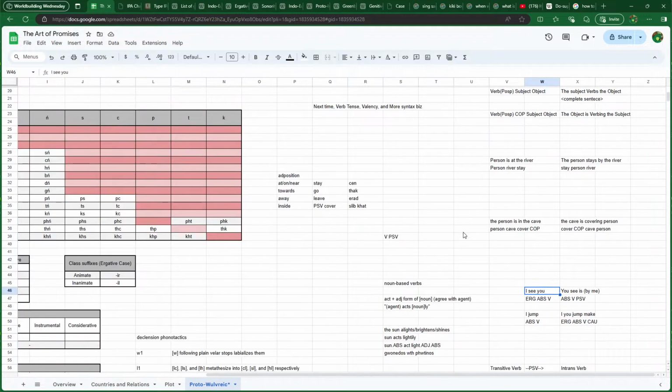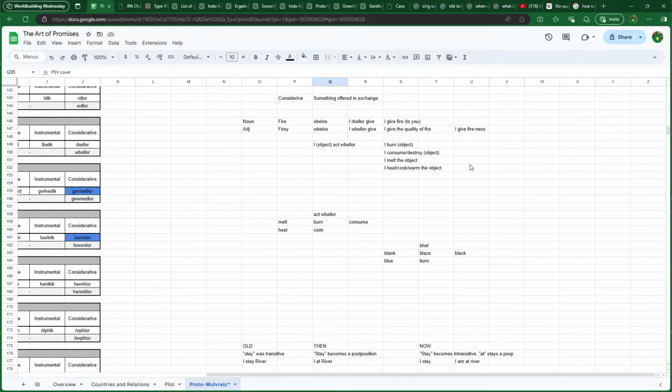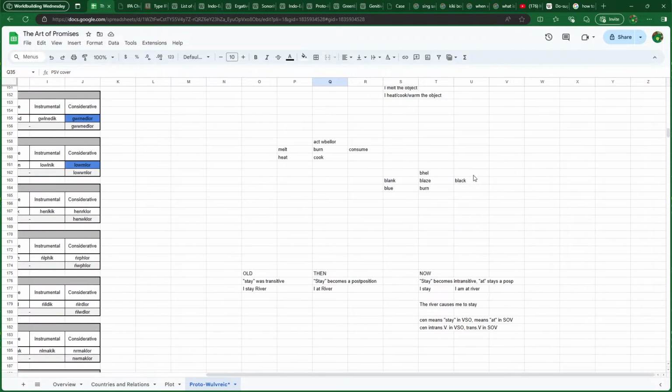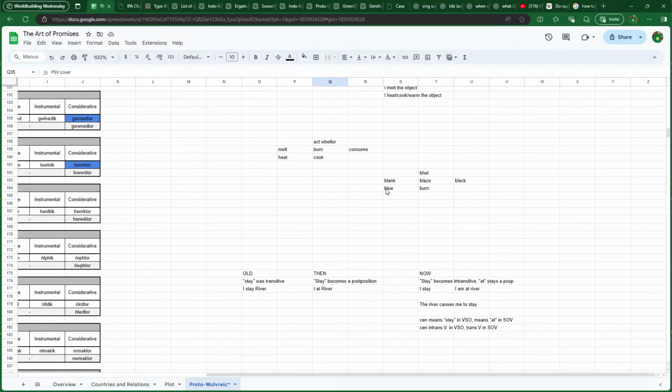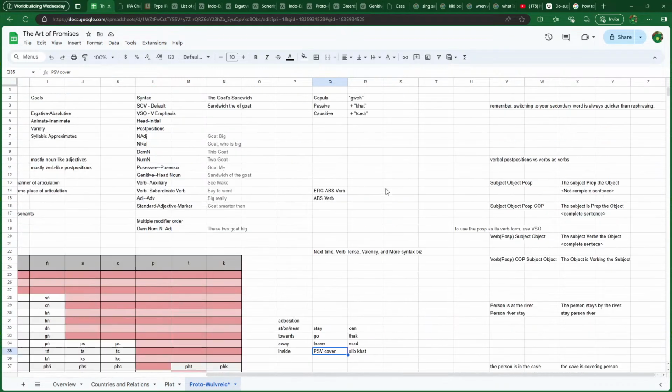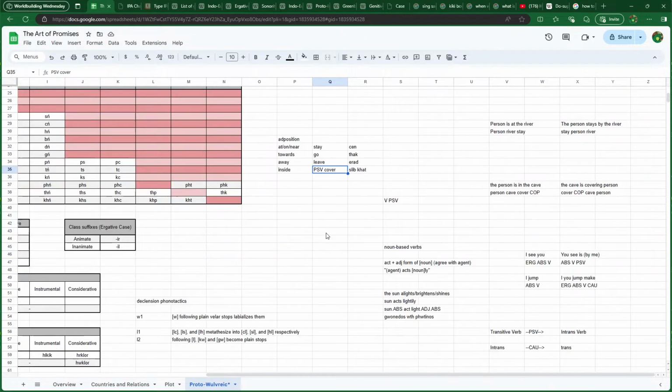So, in order for it to be a passive, cover is a transitive verb. I cover that, yes. But then we're making it an intransitive verb, which doesn't make sense because the whole reason it can become a postposition is because it is a transitive verb. So we have to, but okay.